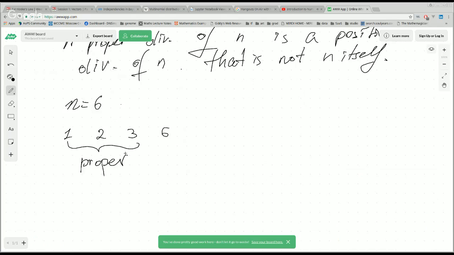Now, let's take a look at the following example. Let's look at 0 over n. Let's suppose n is not 0, because we know we cannot divide by 0. Now we know that 0 divided by any integer is going to give me 0, right? This expression here is going to give me 0.